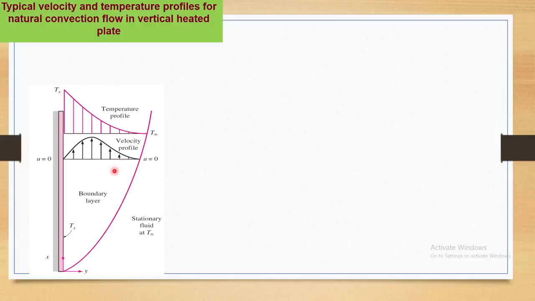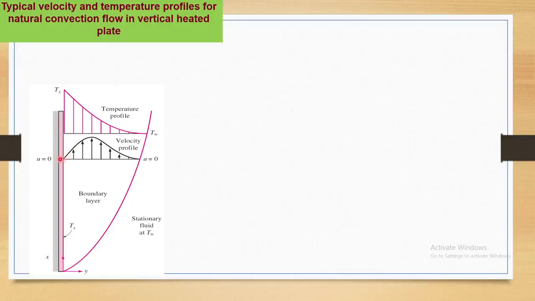So when this cold air or fluid comes into contact with the heated surface, initially its velocity will be zero at the surface of the plate. The temperature of this air will become equal to the temperature of the plate because of the no temperature jump condition, and when it becomes heated it will move in the upward direction.